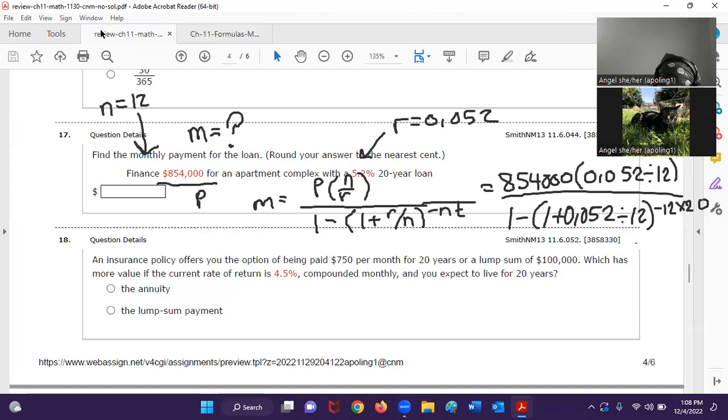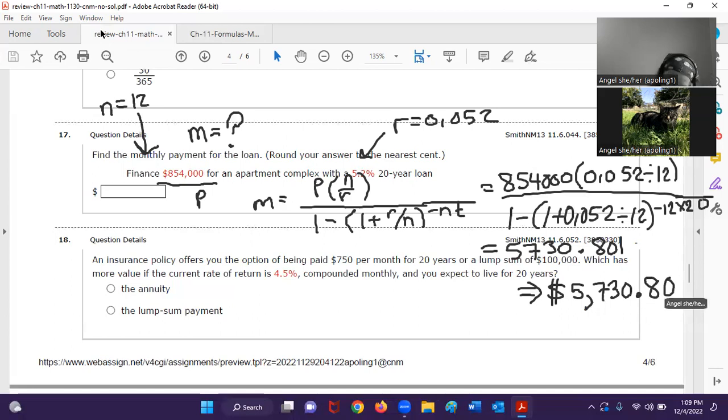So you just stick that through the calculator and you get 5730.801. So that is $5,730.80. So that's going to be the monthly payment for the loan to finance this apartment complex.